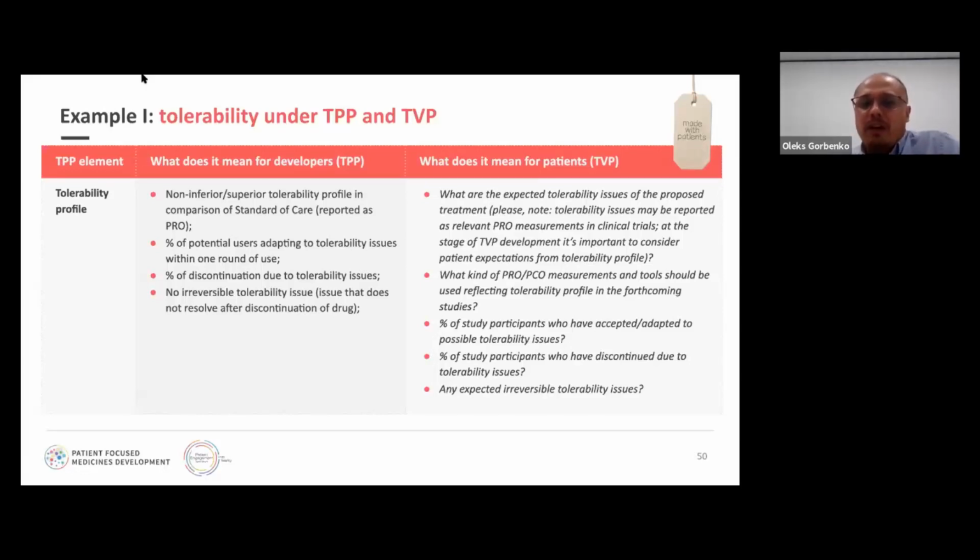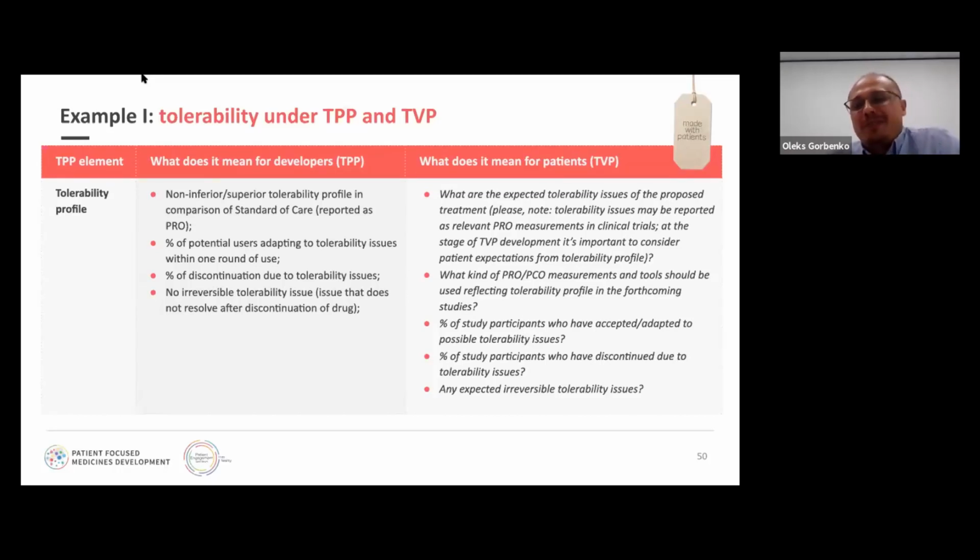It's a non-inferior or superior tolerability profile, with a comparison with a standard of care, for example, reported with a previous treatment. It's a main approach for HTA bodies, health technology assessment bodies, all around the world. Or percentage of potential users adopting tolerability issues.